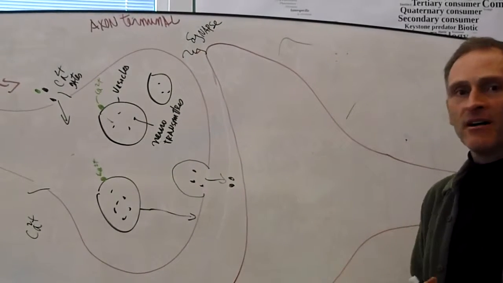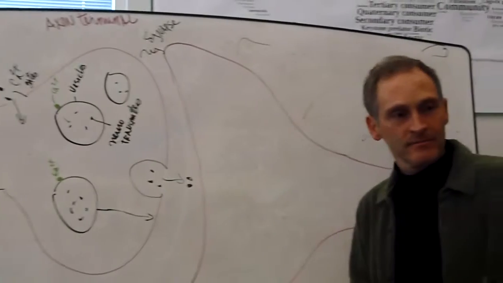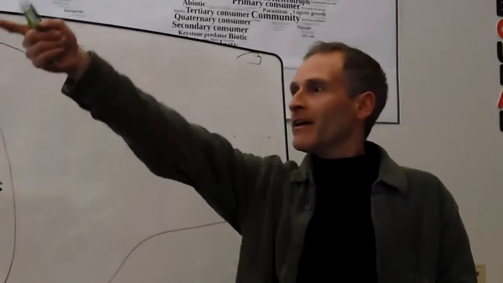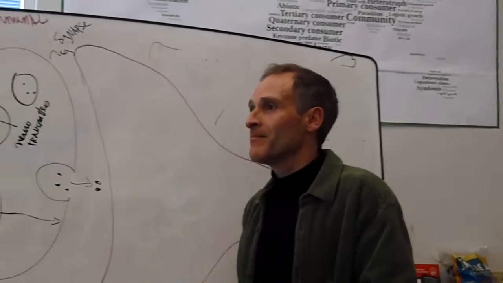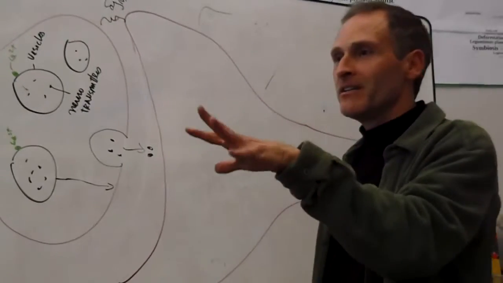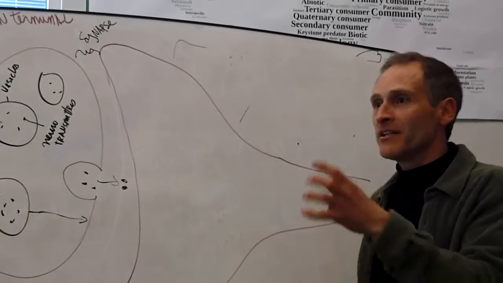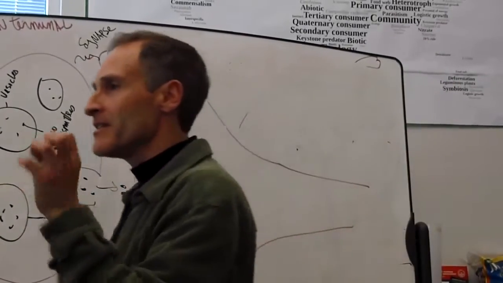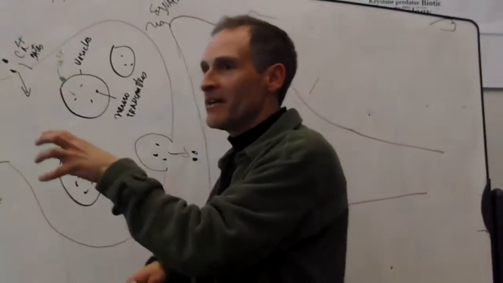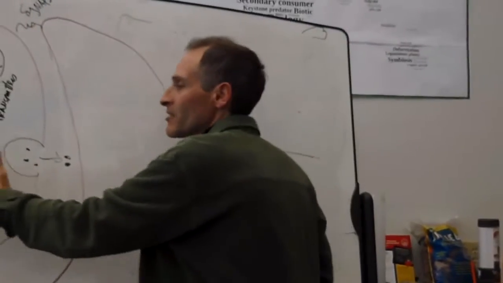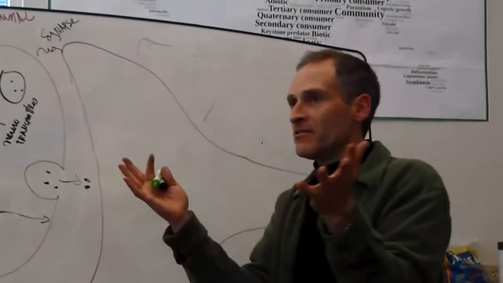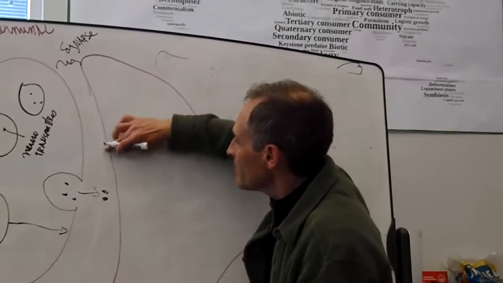What is this process called? Yes, exocytosis, right? This is something I'm sure is going to show up there somewhere. This is exocytosis, so it literally takes energy for it to do this, and it's initiated by this calcium binding to the vesicle. It travels to the end and dumps its neurotransmitter out.